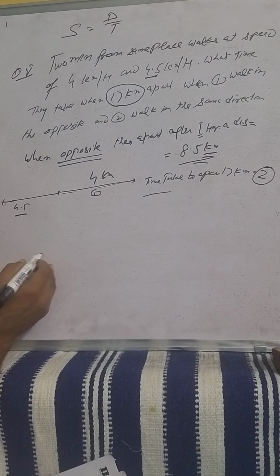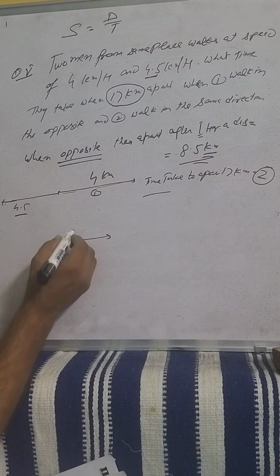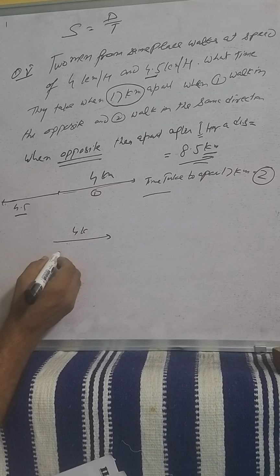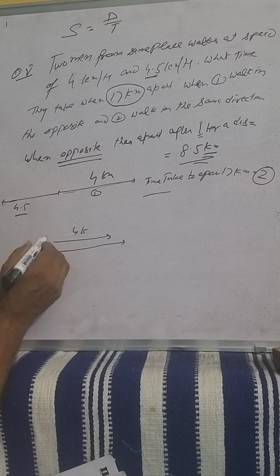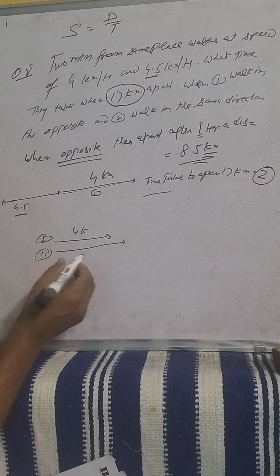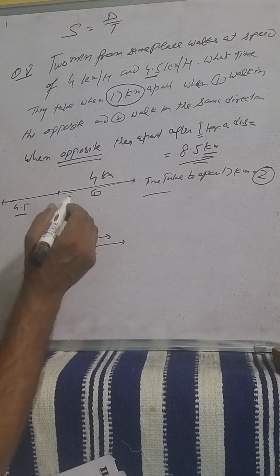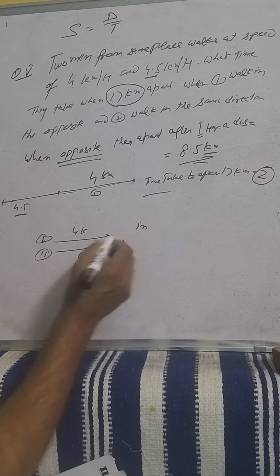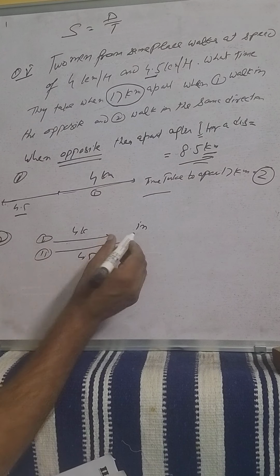Now if they move in the same direction, this is the first person moving with 4 kilometer, this is the second person moving 4.5 kilometer in 1 hour. This is the first case, this is the second case.